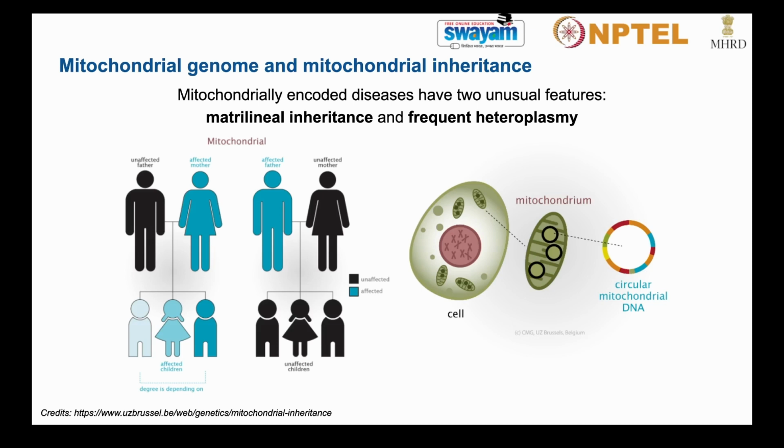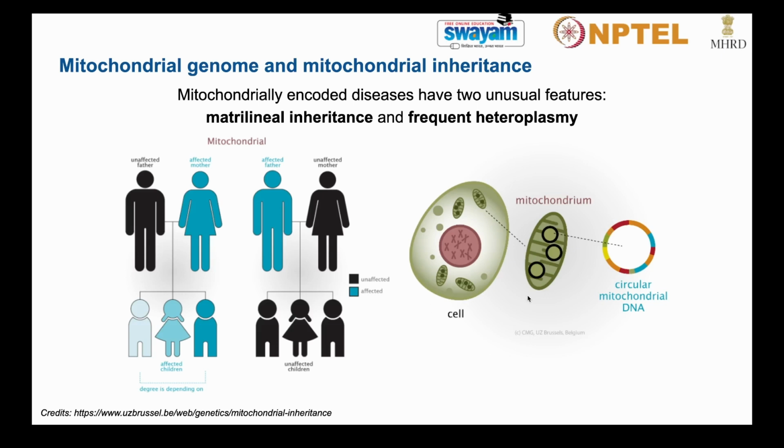Here you can see that this is the unaffected father and affected mother. All of their offsprings are affected, but their degree of disease can vary. Whereas here there is an affected father and unaffected mother, so none of their offspring is affected. From this it is clear that only the mother passes on the mitochondrial genome to the offsprings.